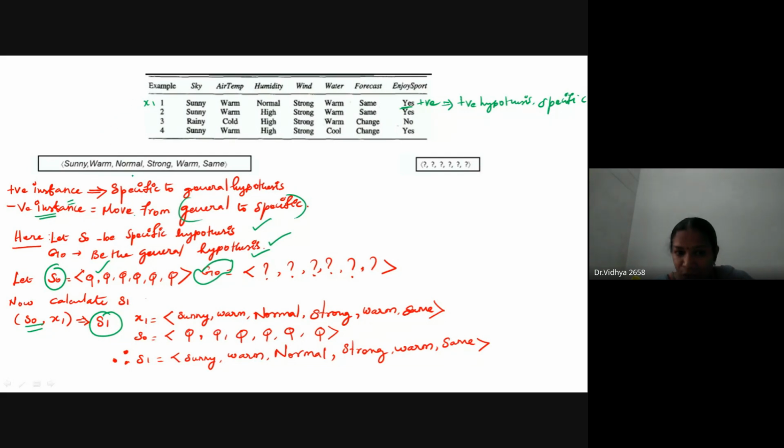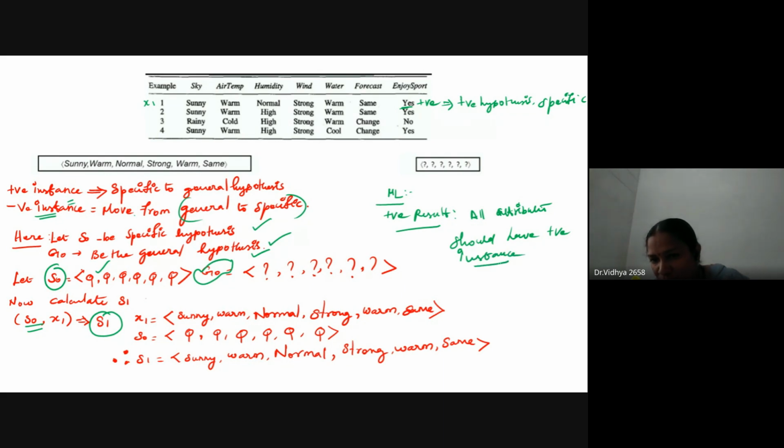It should be compared with all the other instances too, because in terms of machine learning techniques, if you want to represent the positive result, obviously all attributes should be of positive values. Then only all attributes should have positive instances. So here we need to consider the positive instances.